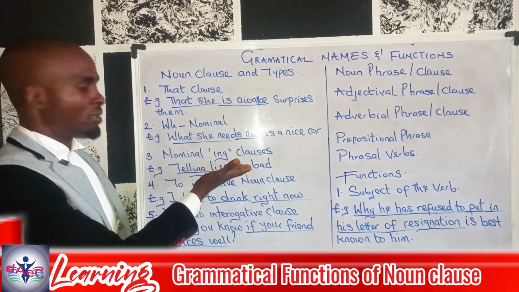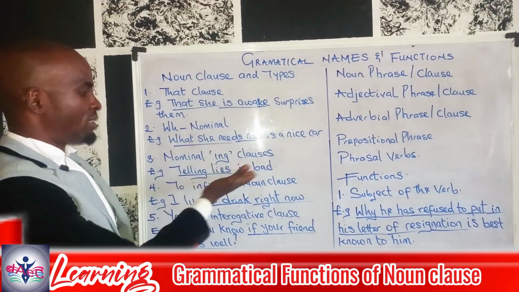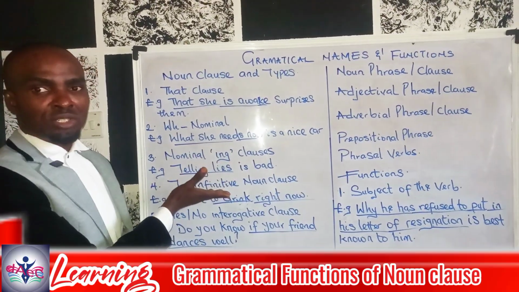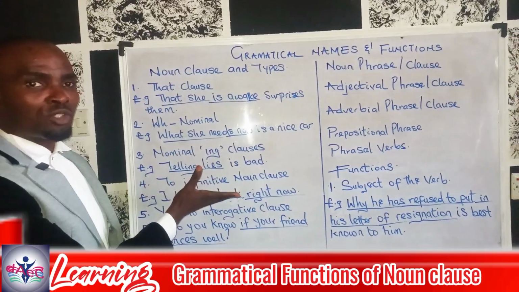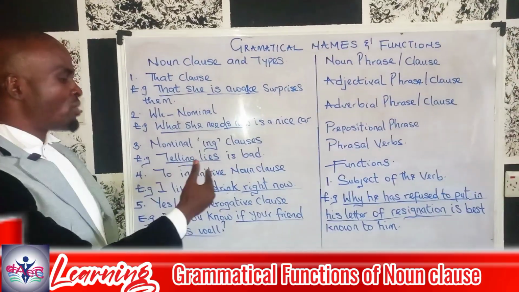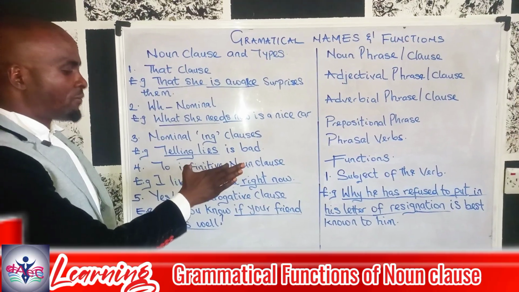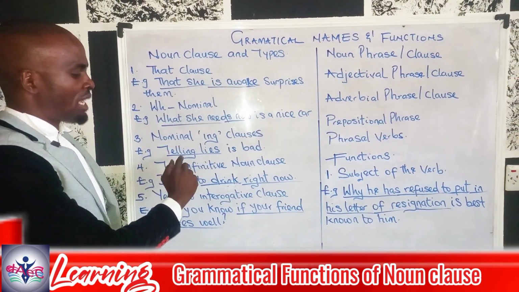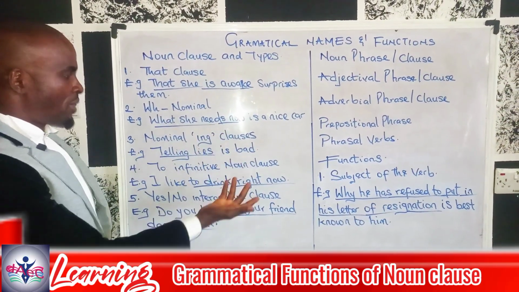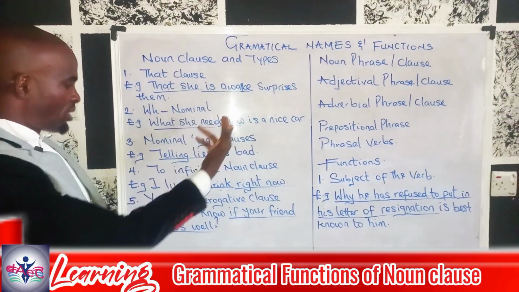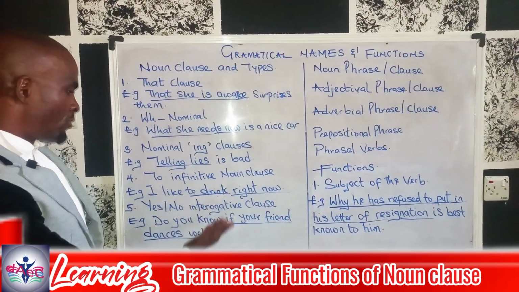It begins the sentence. "Telling lies is bad." "Telling lies" here is the subject. It begins the sentence. That is the function. So if you are asked in your exam, what is the grammatical name? The grammatical name here is noun clause. What is the function? It performs the function of a subject of the verb.